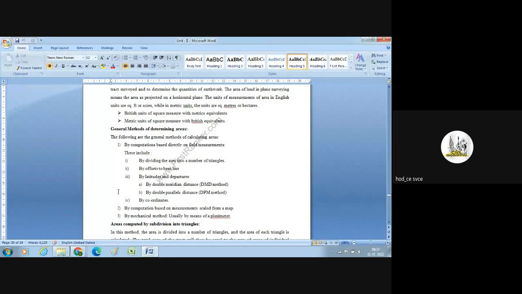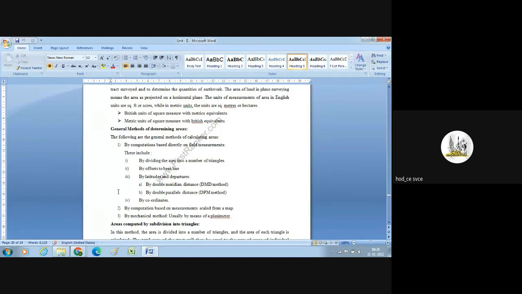These come under field measurements. Next, computation based on measurements scaled from a map. That means you are not going to visit the field or site. Just based on the map, you tell the total area of the given field.